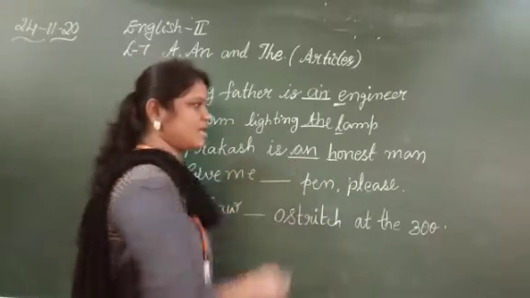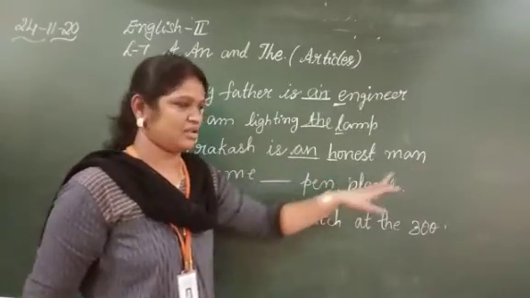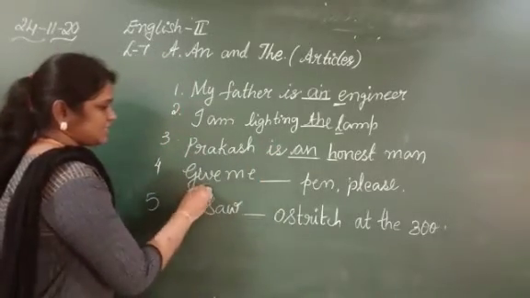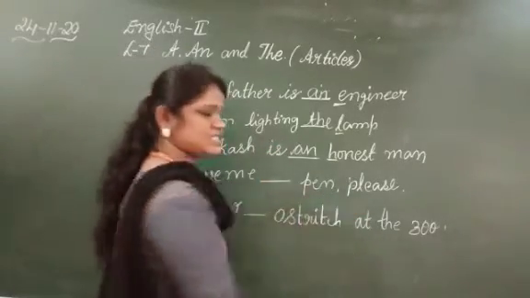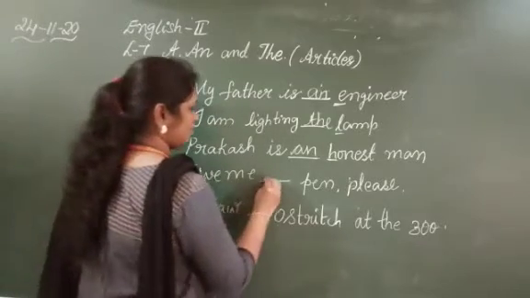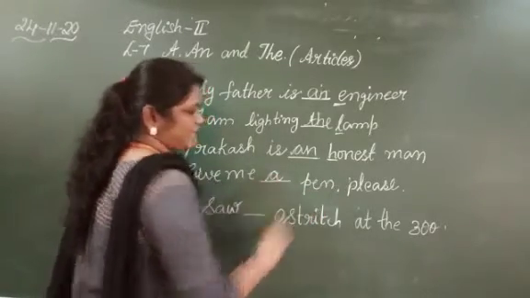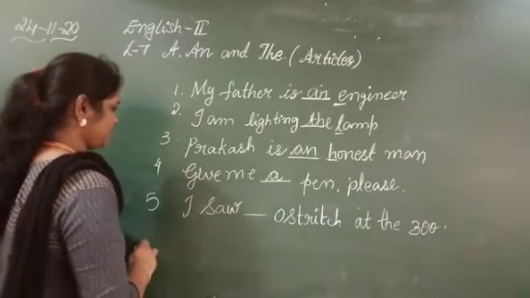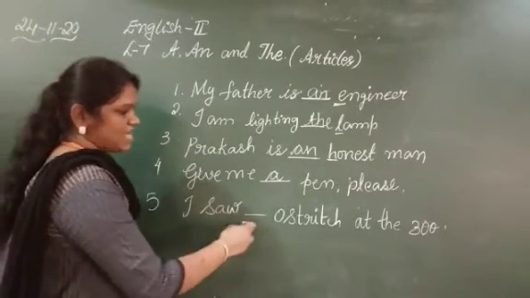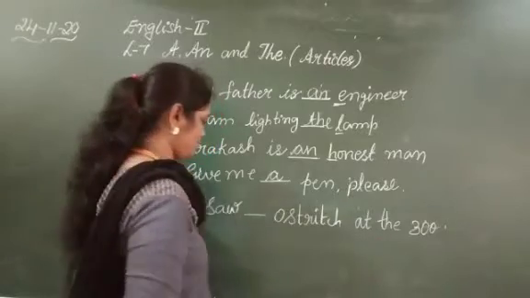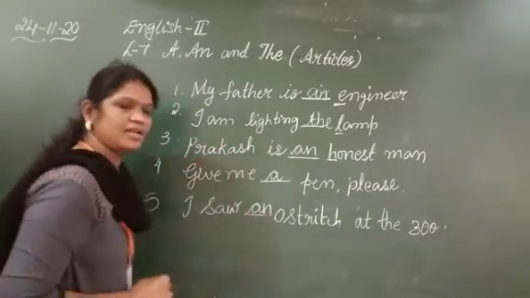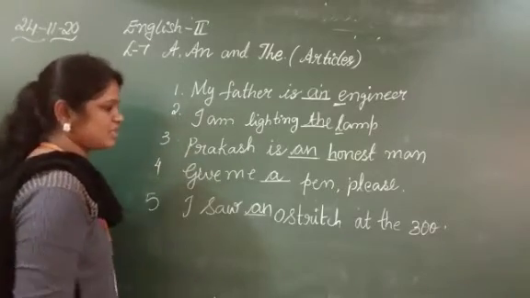Prakash is an honest man. Not honest, honest man. Okay. Next, give me dash pen please. Give me a pen please. I saw dash ostrich at the zoo. I saw an ostrich at the zoo.